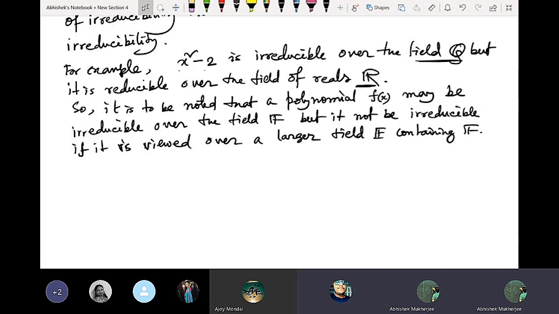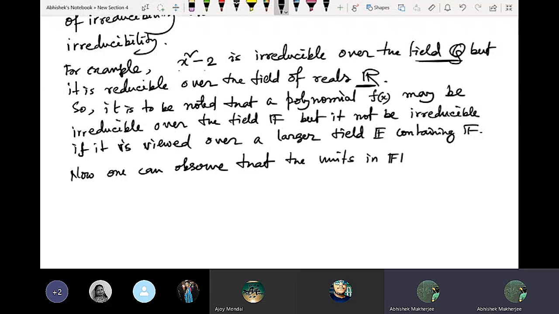Okay. Now one can observe that the units in F[x]. What are the units in a polynomial ring?